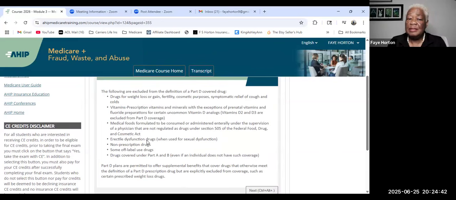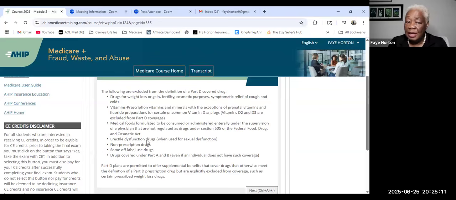Part D plans do not cover drugs for weight loss or gain, fertility, cosmetic purposes, symptomatic relief of cough and colds. They do not cover vitamins, prescription vitamins, and minerals, with the exceptions of prenatal vitamins and fluoride preparations, and certain uncommon vitamin D analogs.